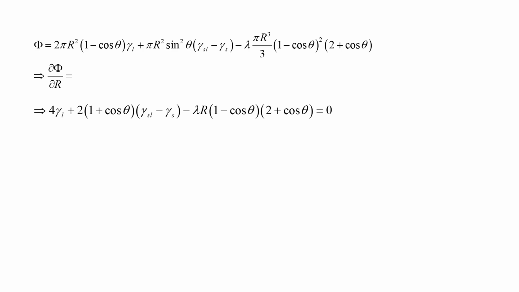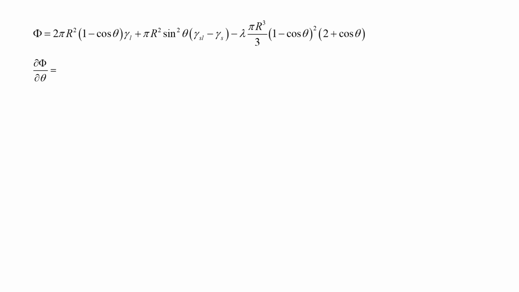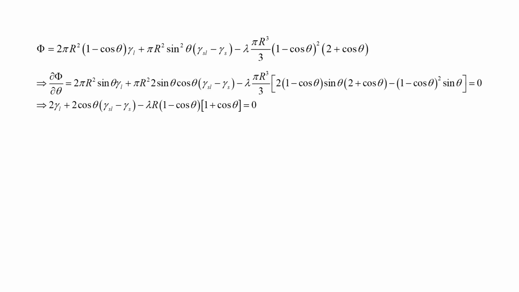Basically, this d phi by dr will be equal to 0. So, finally, we will get this quantity, and then I have these two quantities. I have finally this quantity here. Here is another equation.